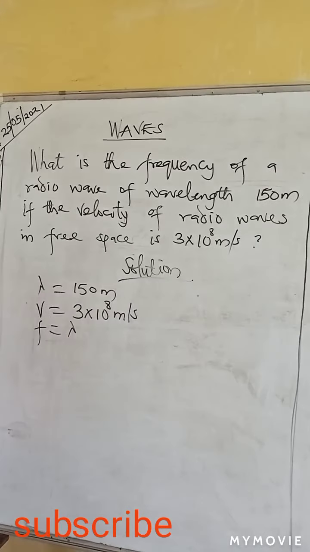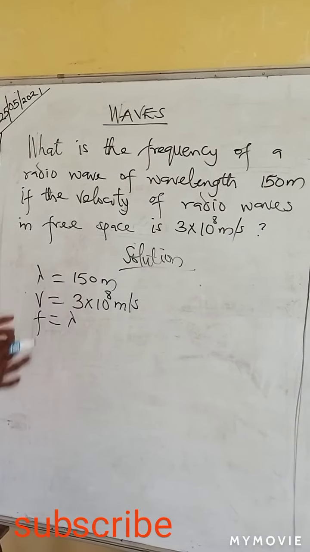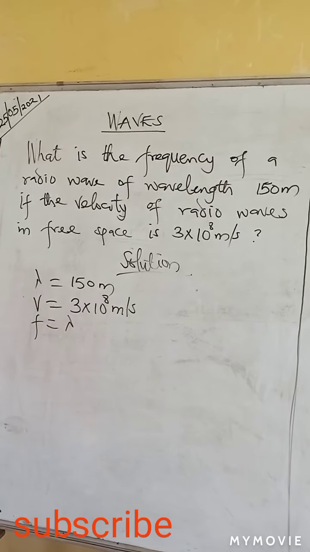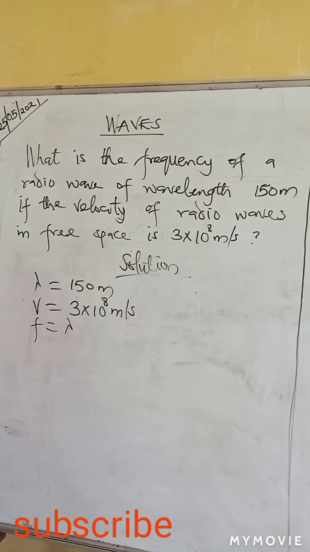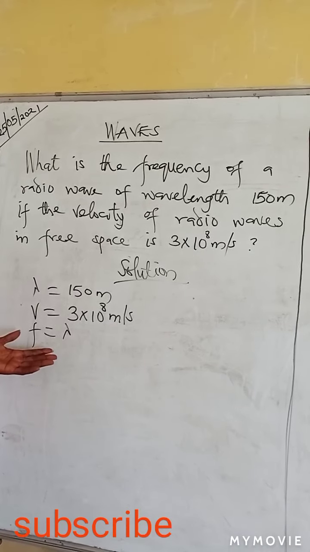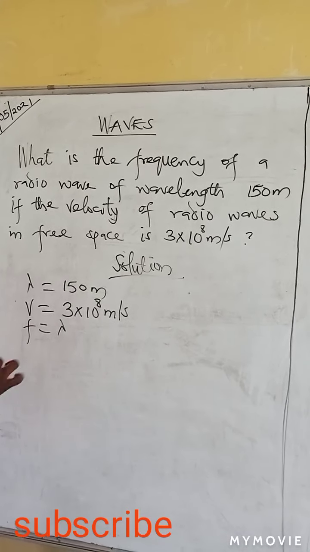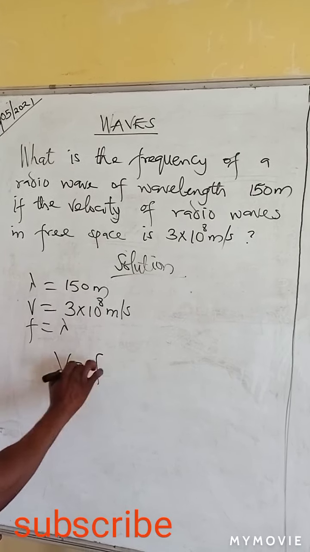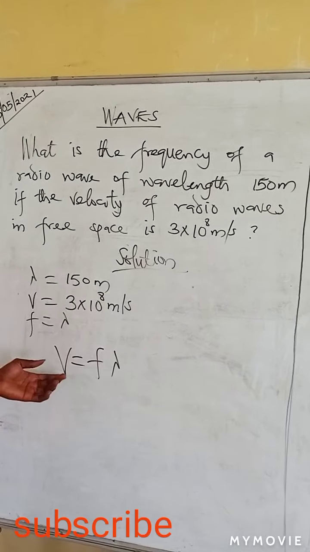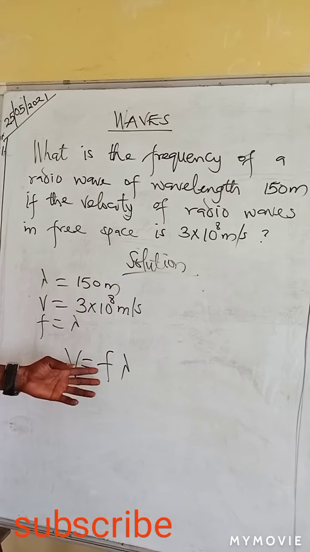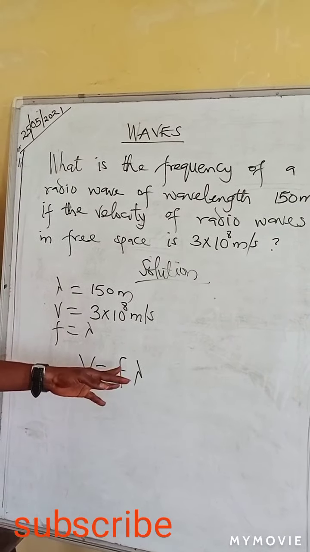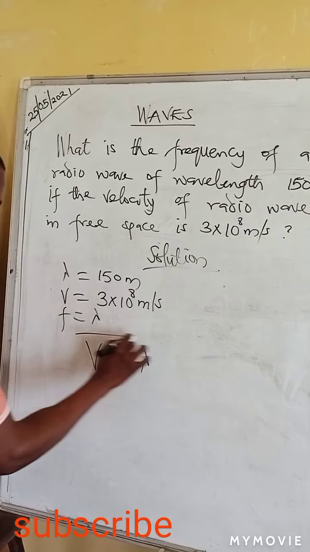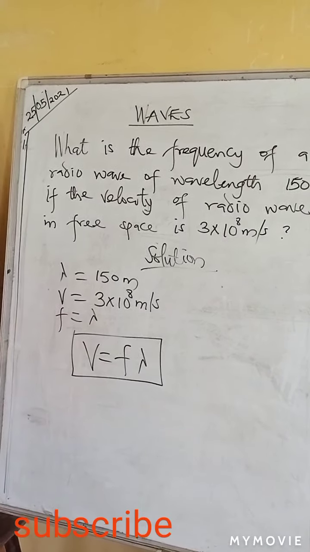With the aid of these parameters that have been written, we already know the formula that leads us to the solution of this question. Since we know that the unknown value is frequency, we are making use of this formula: V equals F lambda, where V is the velocity, equals frequency multiplied by wavelength.